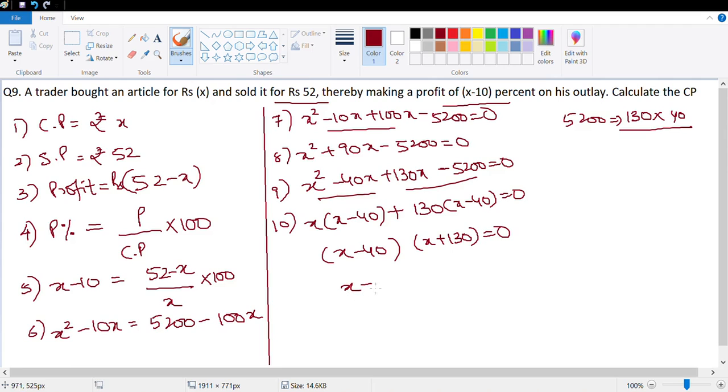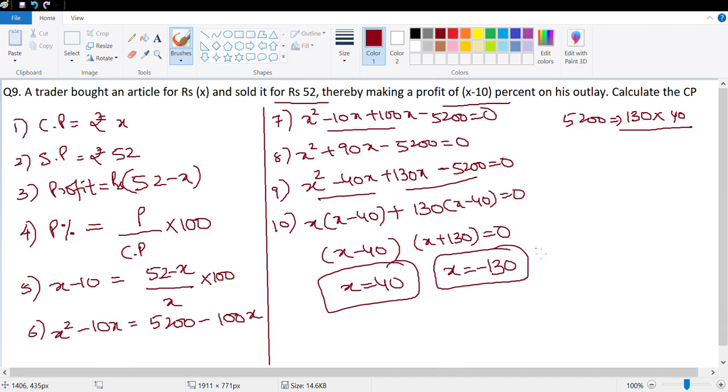X is equal to 40 or x is equal to negative 130. Now since cost price can't be negative, therefore cost price is equal to rupees 40.